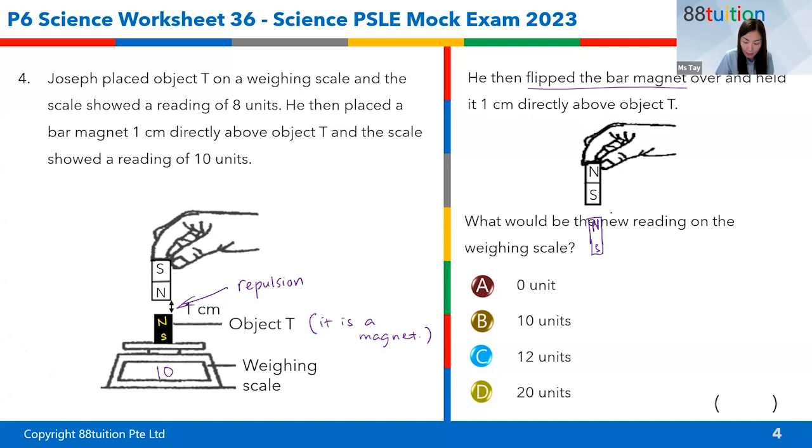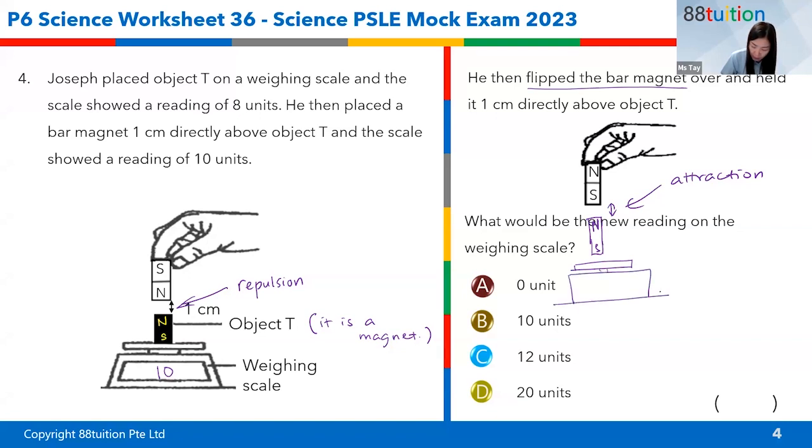So what will happen? Now you're going to see attraction. Because it is 1 cm above the object T, you are going to see that this object T is lifted off.